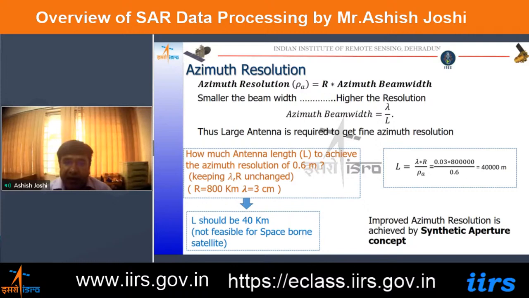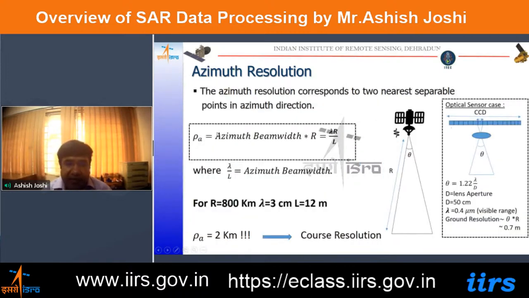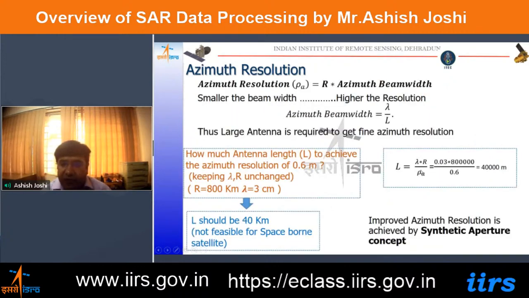How much antenna length would we need to get a better resolution? From the formula on the previous slide, L is equal to lambda R by azimuth resolution.